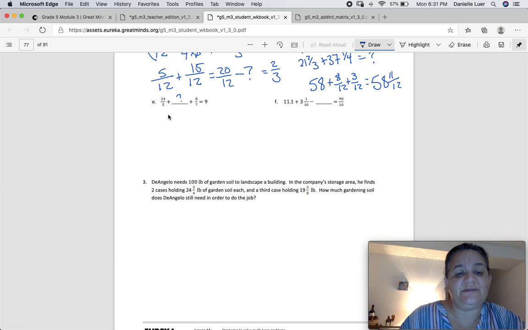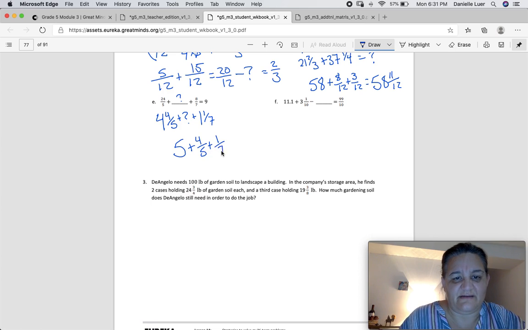So 5 would go into 24 4 times with 4 left over, right? And then our question mark. And then this 8/7 is actually 1 and 1/7. So here, adding all this up together would be 5 plus 4/5 plus 1/7, right? Do you see what I did?